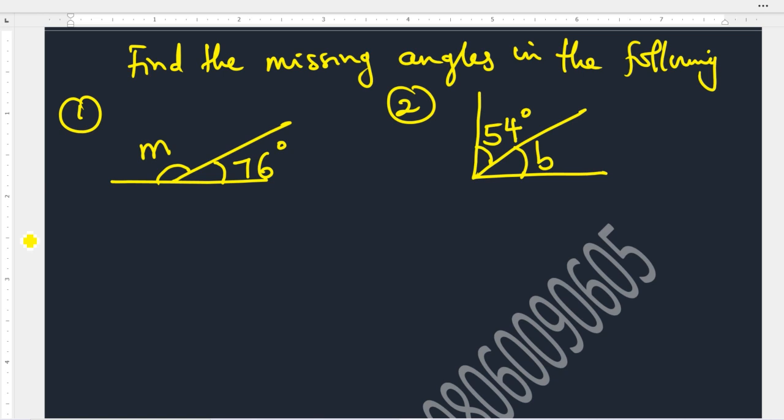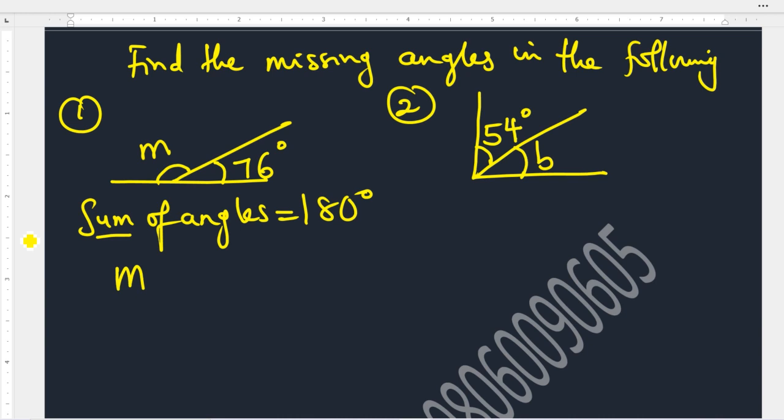Now, how do you do this? The first thing you need to write out is the formula, and that is the sum of angles on a straight line is equal to 180 degrees. Sum means addition. So when you add M and 76 together, it should give you 180 degrees. What number, when added to 76, will give you 180 degrees?